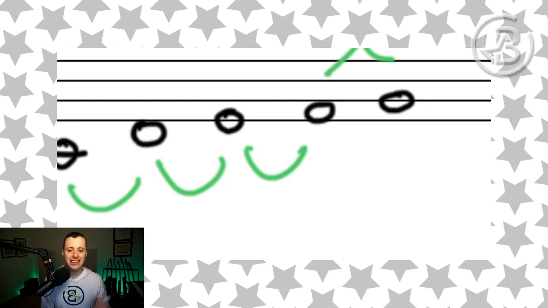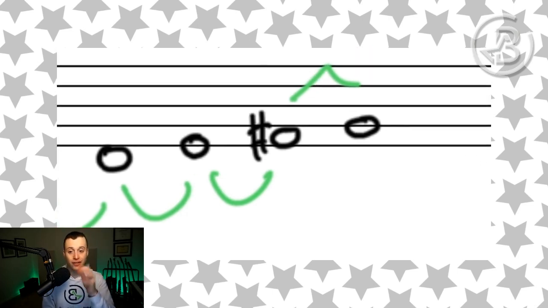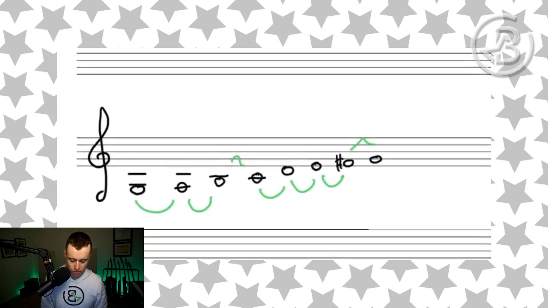So we need to add something here that's going to increase the distance between E and F by 1 half step, and that is going to be our sharp accidental, which is going to raise the F or move the F 1 step further or 1 house down on the full musical alphabet, which means we're skipping F, going to F sharp, which means we now have a whole step, and then between F sharp to G is a half step because F sharp and G flat and G are neighbors on the full musical alphabet.